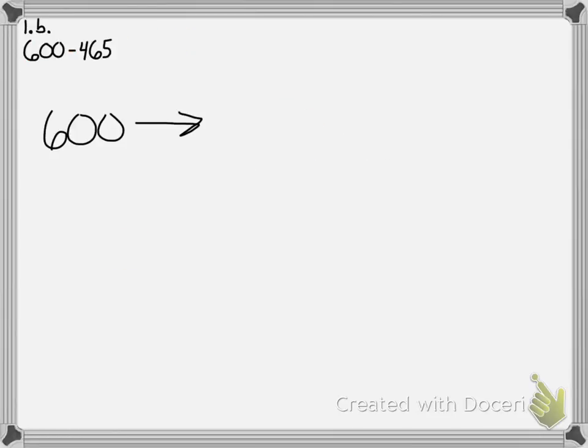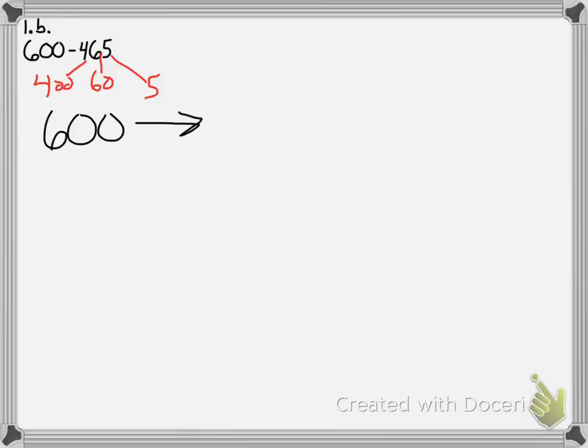Alright, now this is going to be more of the traditional arrow way, and we're going to break up our minuend into hundreds, tens, and ones and just subtract. So this is going to look a little bit different. So I have 465, right? So I'm just going to go like this, and I've got 460 and 5.